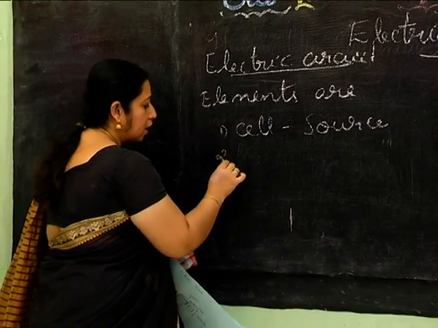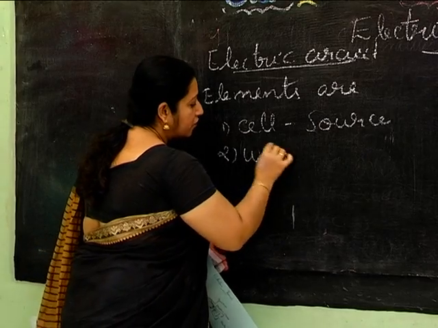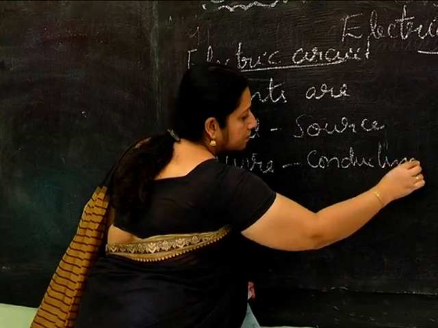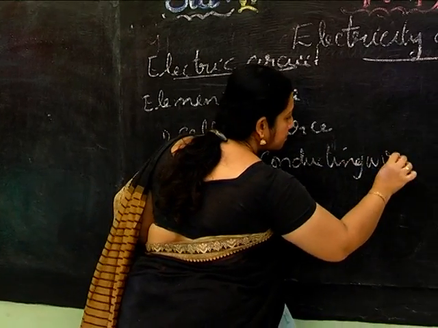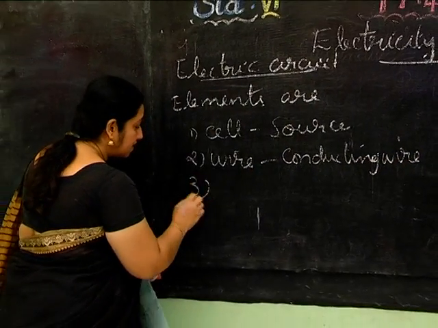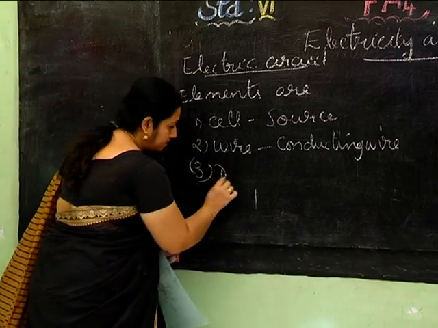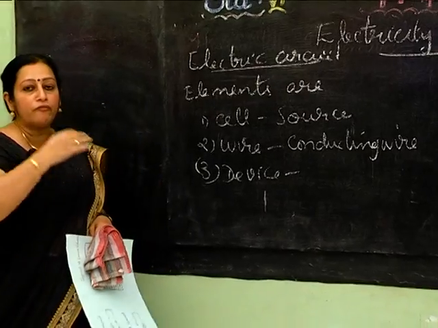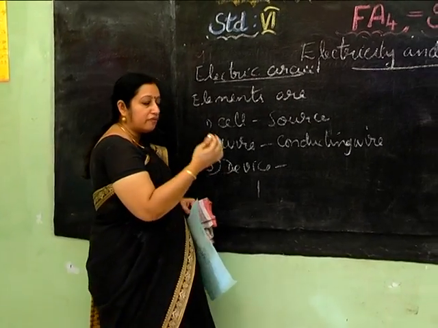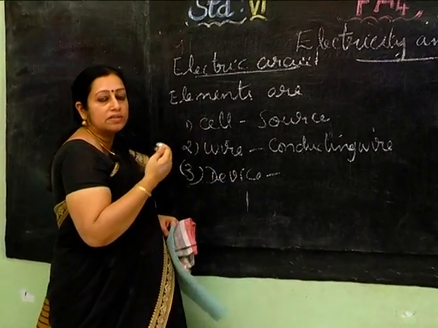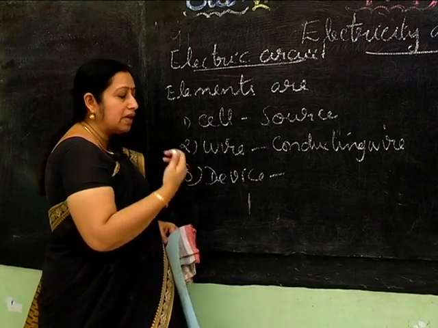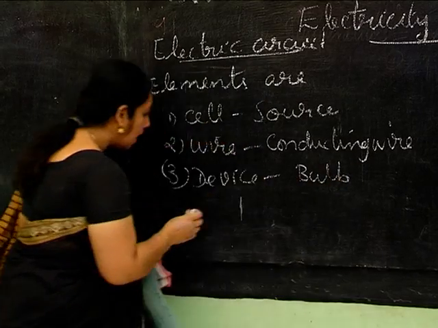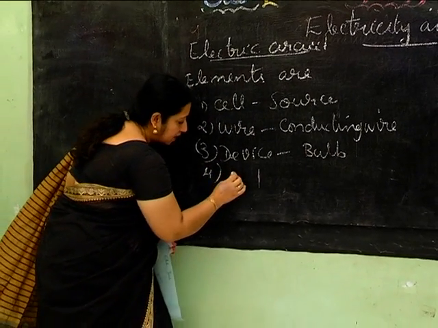The second one is a wire, which we call a conducting wire. Third is the device, such as a bulb, from which we take out the electricity from the source. And the other one is the switch.